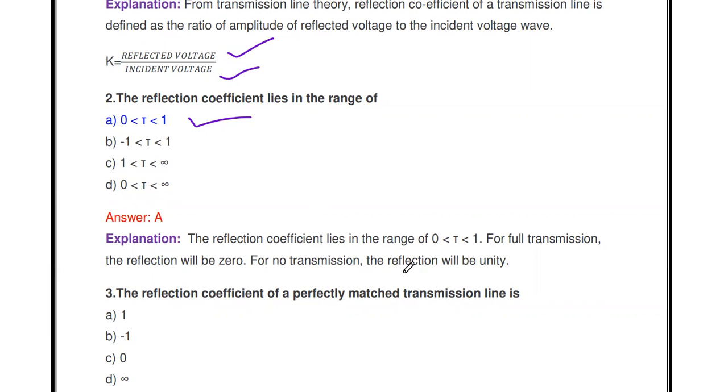If the reflection coefficient is unity, there is no transmission; the full signal is reflected back. If the reflection coefficient is 0, full transmission has occurred in the transmission line.